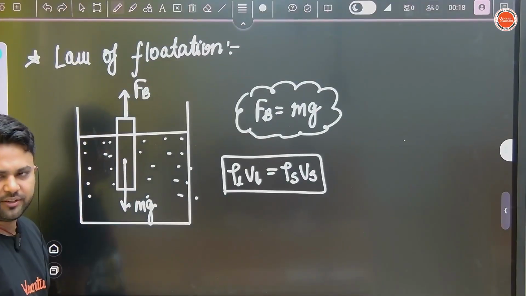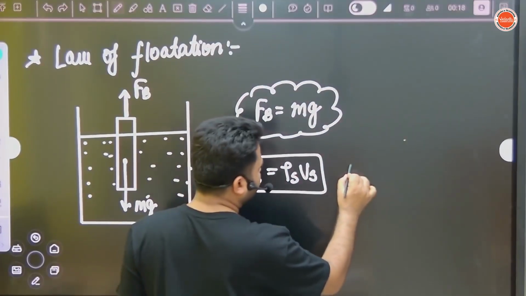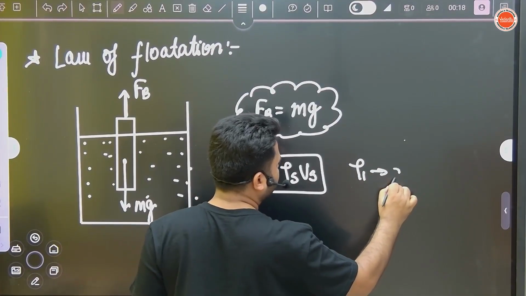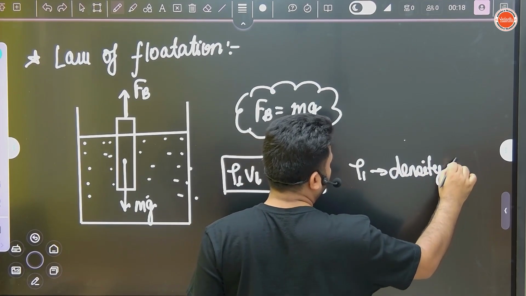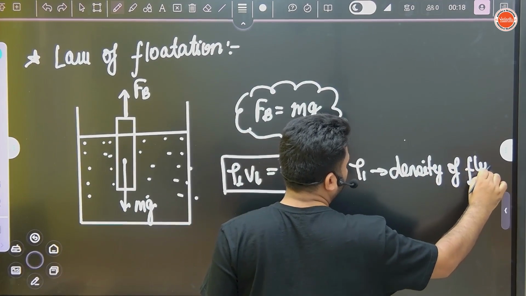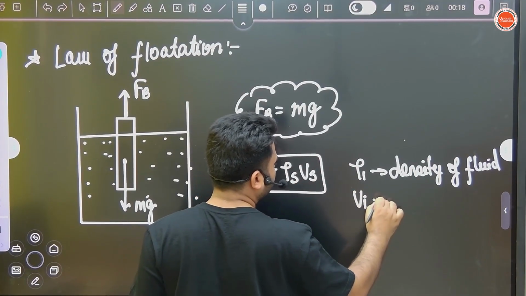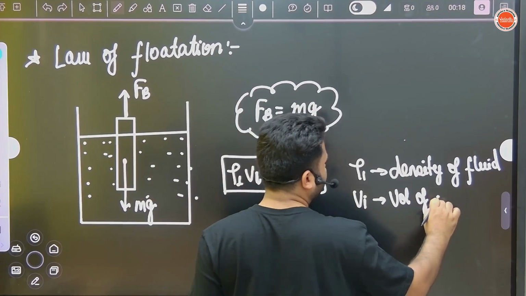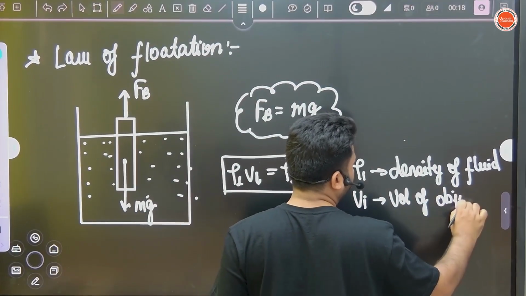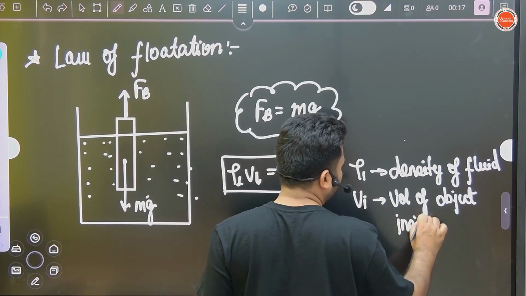Rho 1 is what? Density of this liquid. I am writing density of liquid. Rho 1 is the density of fluid. V1 is what? Volume of the object inside the fluid.